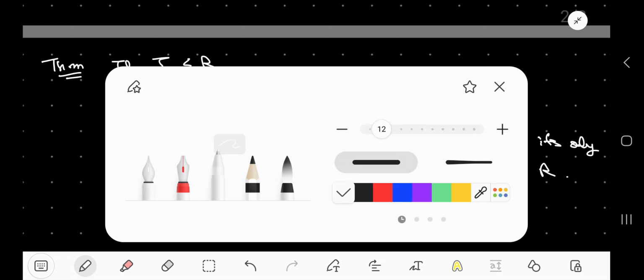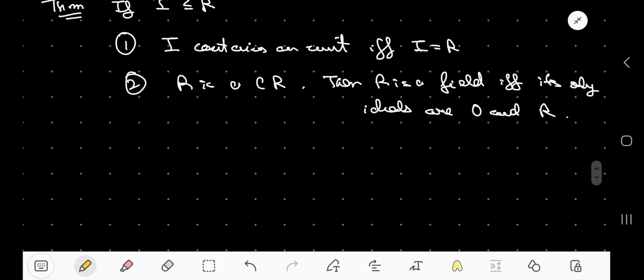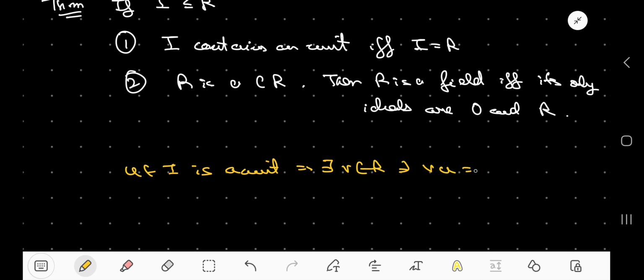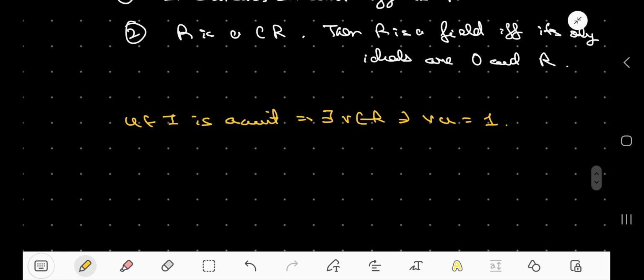The proof is fairly simple. If I equals R, then it necessarily contains a unit, which is the multiplicative identity itself. Conversely, if u in I is a unit, then there exists some v in R such that v times u is 1, right?